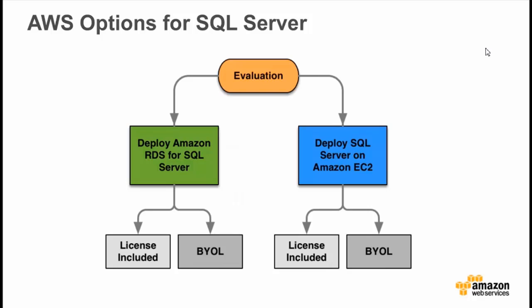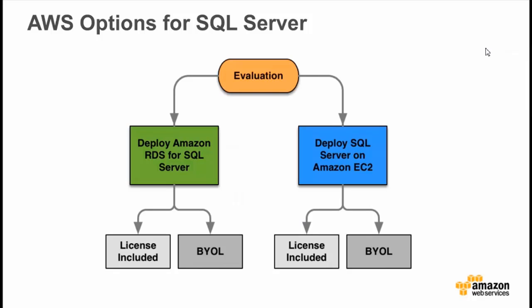For example, when you launch an Amazon EC2 instance, you can choose one of our AMIs, our Amazon Machine Images, that already has Windows Server and SQL Server pre-installed. In that case, your hourly instance cost includes the software licenses as well.